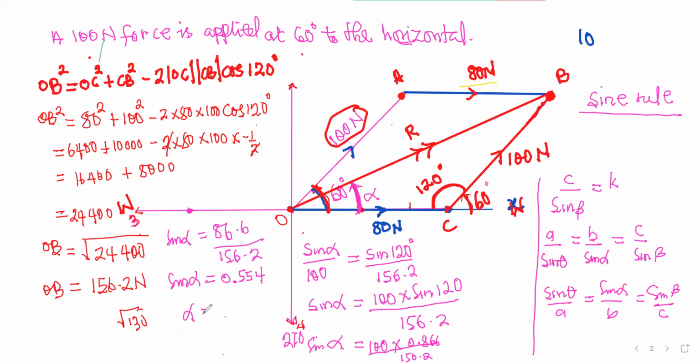Therefore, alpha is equal to the sine inverse of 0.554. And what's the answer? It should be 37, isn't it? Did you get 37? Yes, I got 33.641.